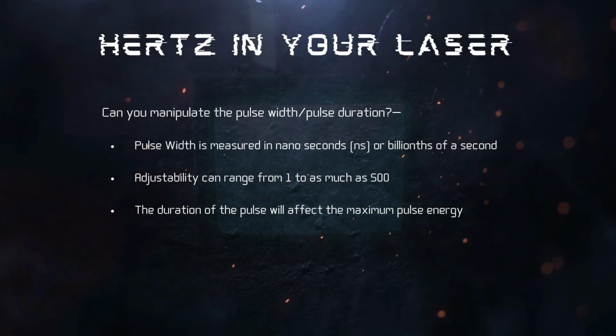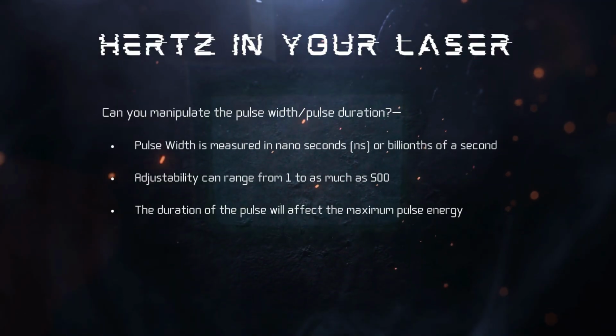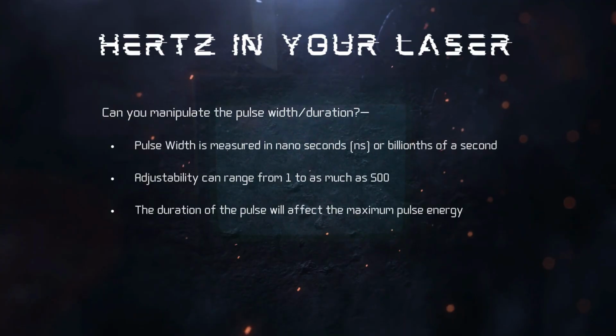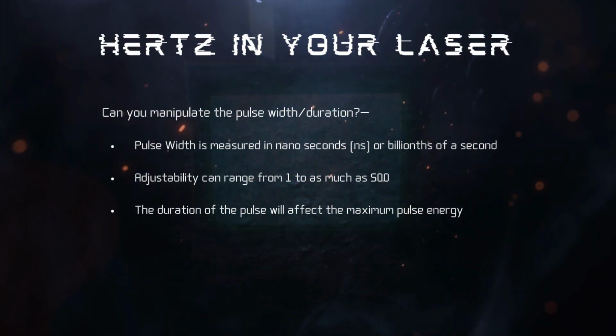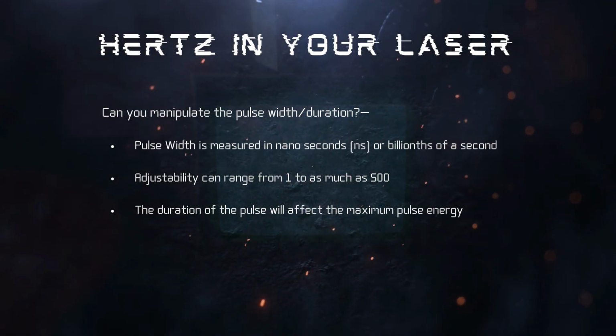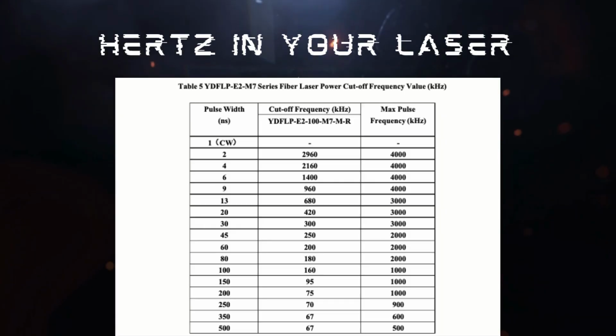Some lasers will allow you to manipulate their pulse width, sometimes referred to as pulse duration. Pulse width is measured in nanoseconds or billionths of a second. Adjustability can range from 1 to as much as 500 nanoseconds. The duration of the pulse will affect the maximum pulse energy.